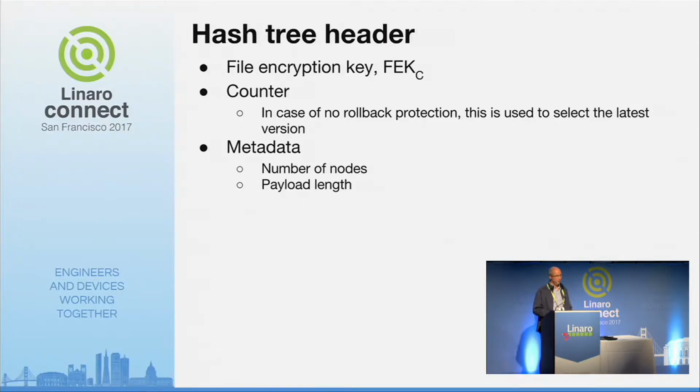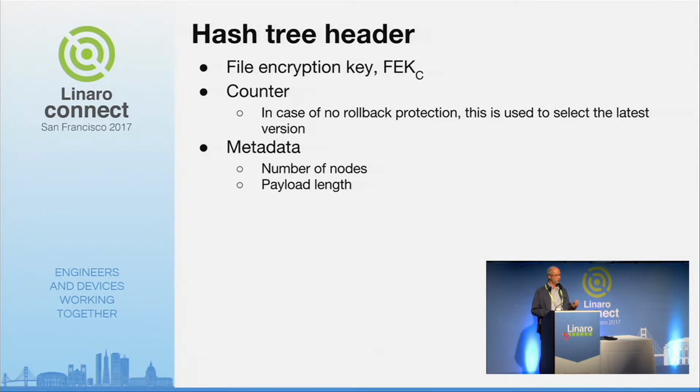And now we're talking about how the file looks in the binary format. At the beginning of each secure object, we have a hash tree header, which contains the encrypted key that I spoke about earlier.